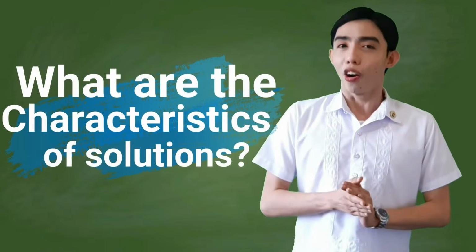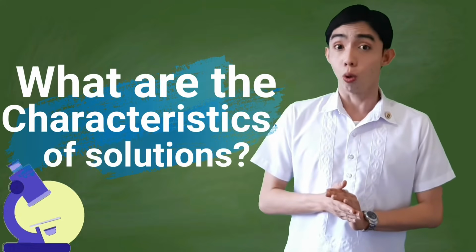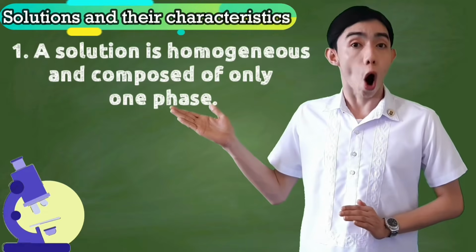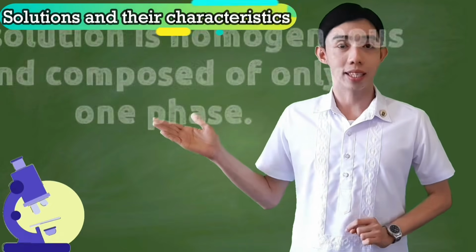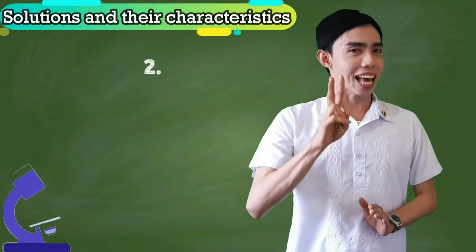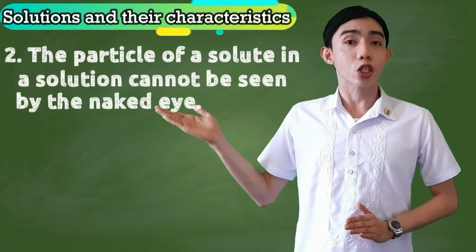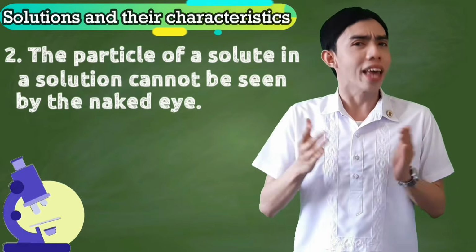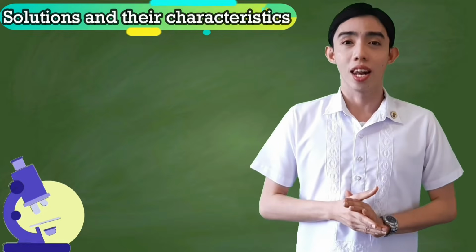What are the characteristics or properties of the solutions? First, a solution is homogeneous and composed of only one phase, just like what I have said earlier. Second, the particles of solute in a solution cannot be seen by the naked eye when dissolved. Let me give you another example.